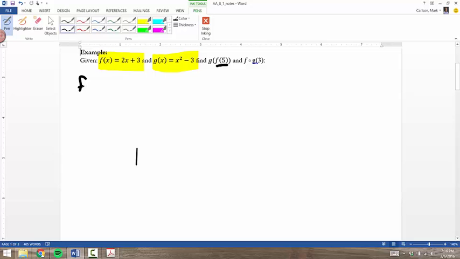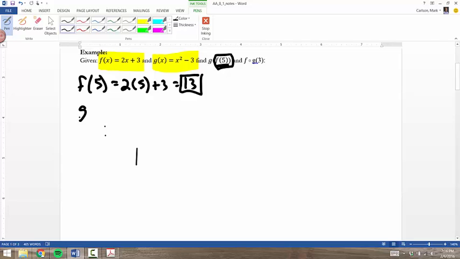So I'm just going to apply what we know about functions: we take 5 and put it into the function f, in place of the independent variable. So I have 2 times 5 plus 3, which is equal to 13. Since that's what f of 5 is, I'm going to put that 13 into g.